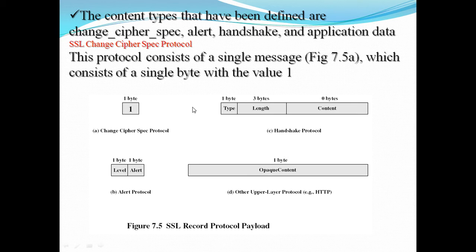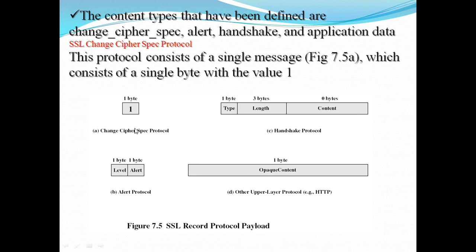This is a single message. This is the SSL change cipher spec protocol, and next is the alert protocol. The alert protocol is a 2 byte protocol used for representing errors. The handshake protocol is used to establish the sessions, and other payloads, for example HTTP, are also carried by the SSL record protocol.